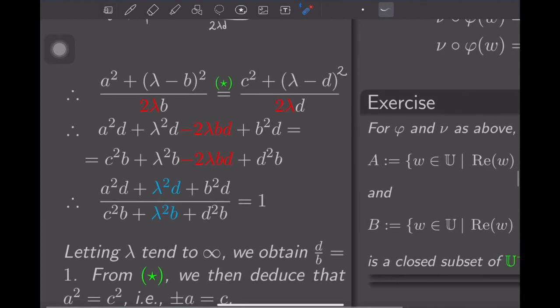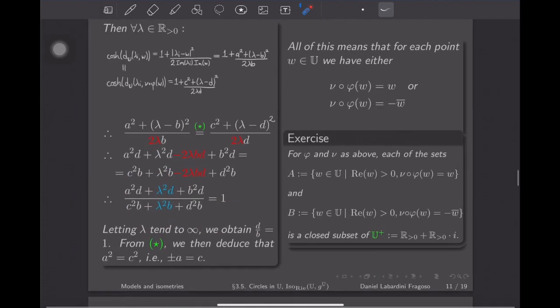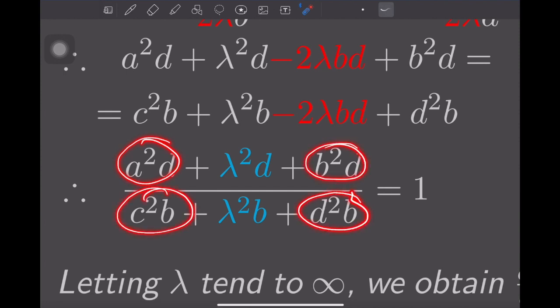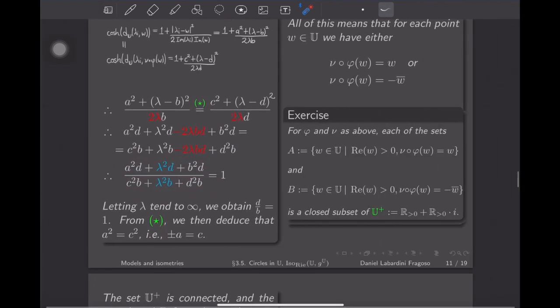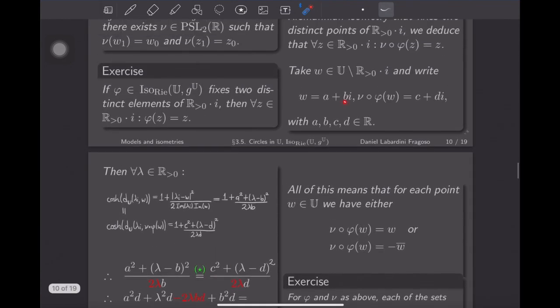The point is that this equality holds for every positive lambda, so I can let lambda go to infinity. In terms of lambda, this is constant, this is constant, this is constant, this is constant. So this is a polynomial of degree 2 in lambda on both sides. When lambda goes to infinity, the limit is d divided by b, and so d divided by b is 1. So b is equal to d.